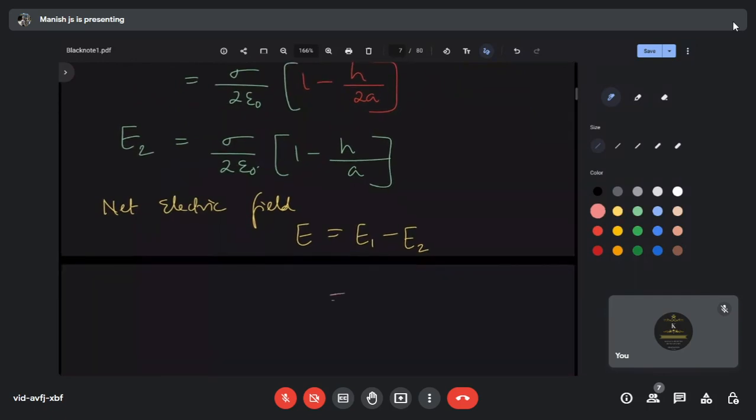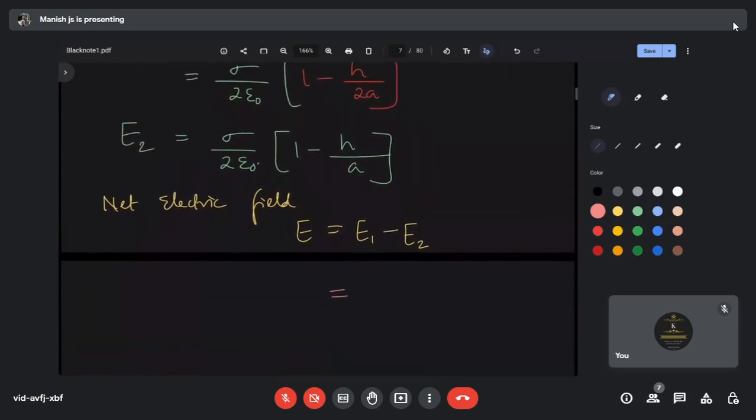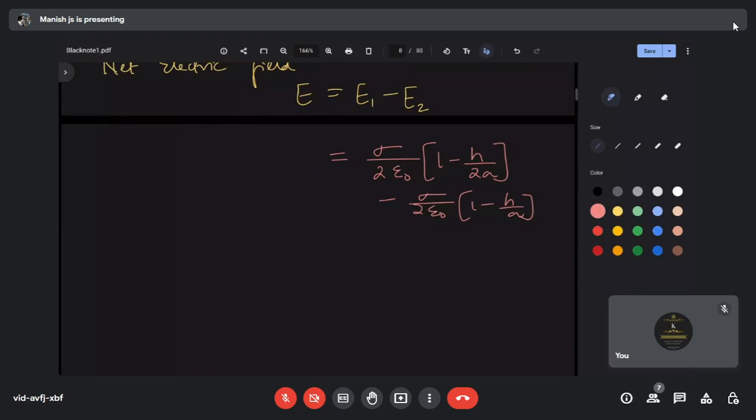So I substitute the E1 value: sigma by 2 epsilon naught times 1 minus h upon 2a, minus sigma by 2 epsilon naught times 1 minus h upon a. So fully simplify the values. You can take a common factor out: sigma by 2 epsilon naught itself is common. So open the big bracket.